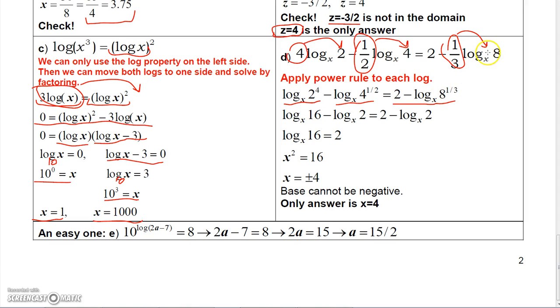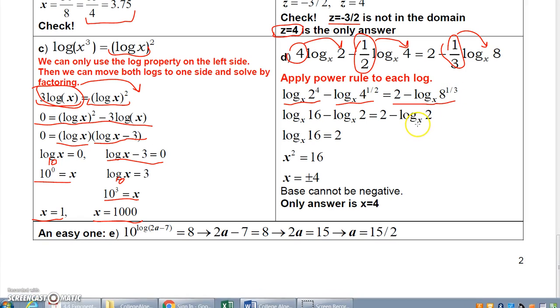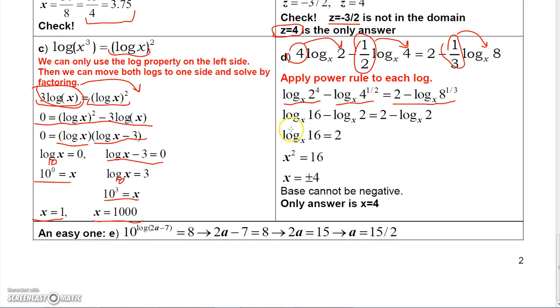And of course, what we're trying to solve for is the base x. So now, this would be log of 16 base x. 4 to the 1/2 would be log of 2 base x. And then log of 8 to the 1/3 would be log of 2 base x. Well, if you'll notice here, I have minus log of 2 on the left, and I have minus log of 2 on the right, so they just cancel, and I get log of 16 base x.